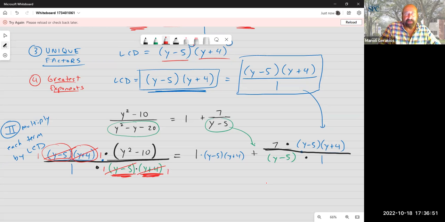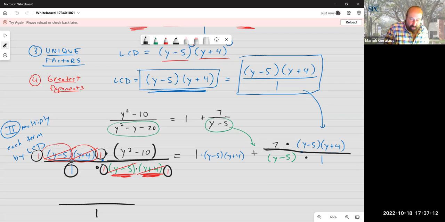Why do you want the denominator factors to find themselves in the LCD? So that this happens: every factor in the denominator becomes a 1. They're all going to multiply together, make a giant over 1, and in the next step the fraction is gone. Look, in the numerator, 1 times 1 times y squared minus 10 is y squared minus 10.